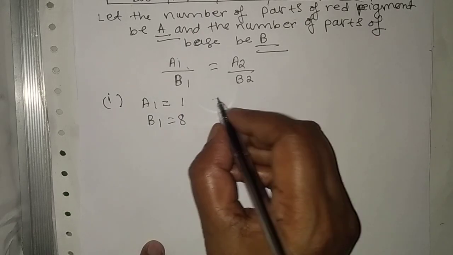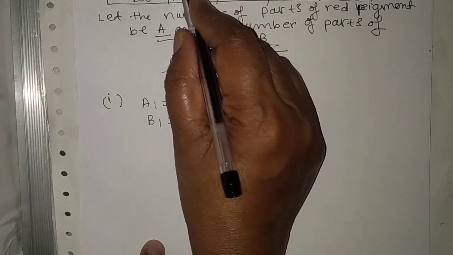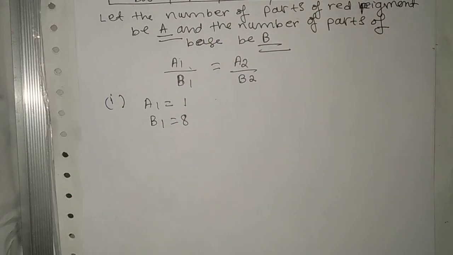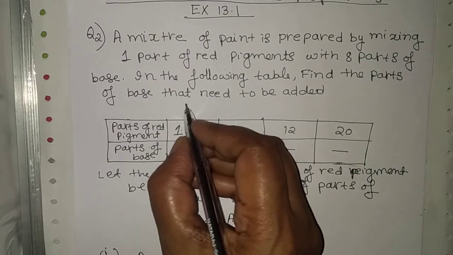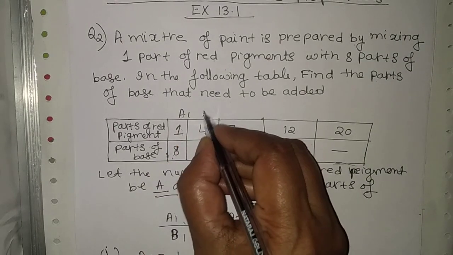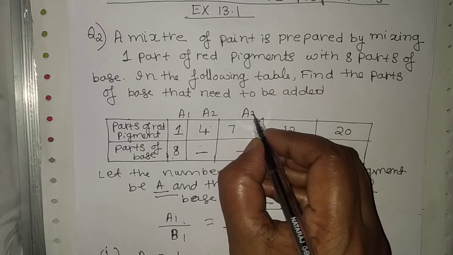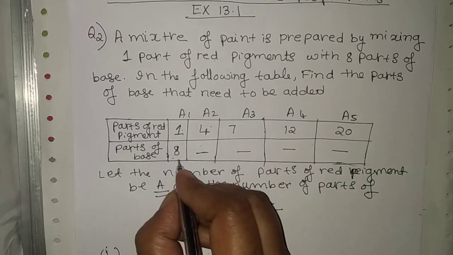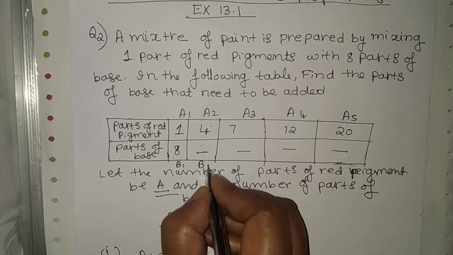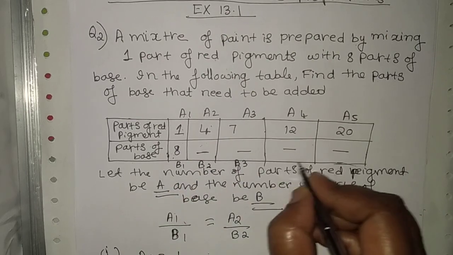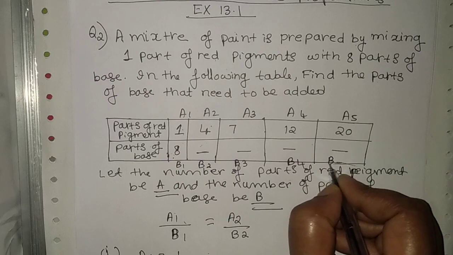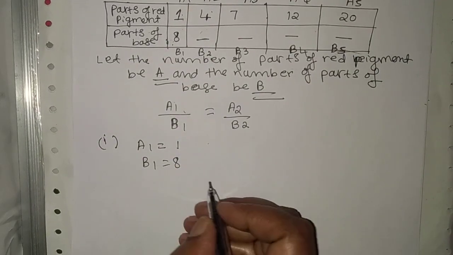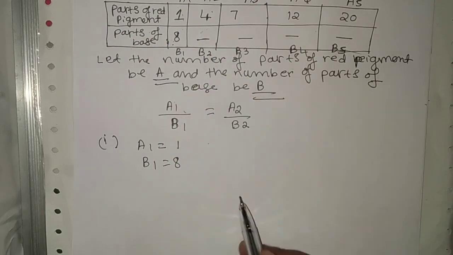Now we have to find out B2. I'll write here A1, A2, A3, A4 and A5, similarly B1, B2, B3, B4 and B5. So now we have taken the first set of values, that is 1 and 8 in the table.